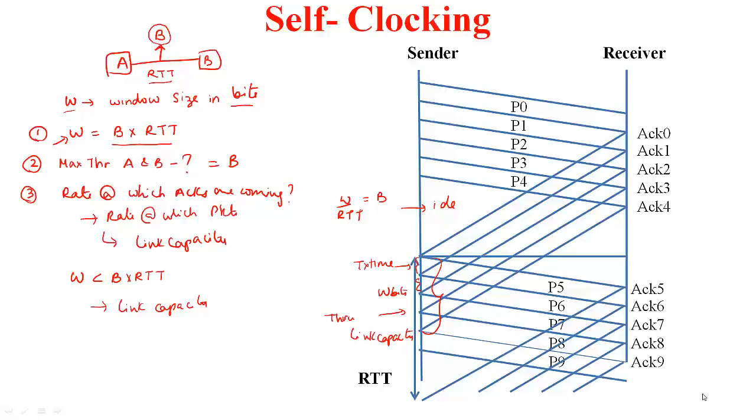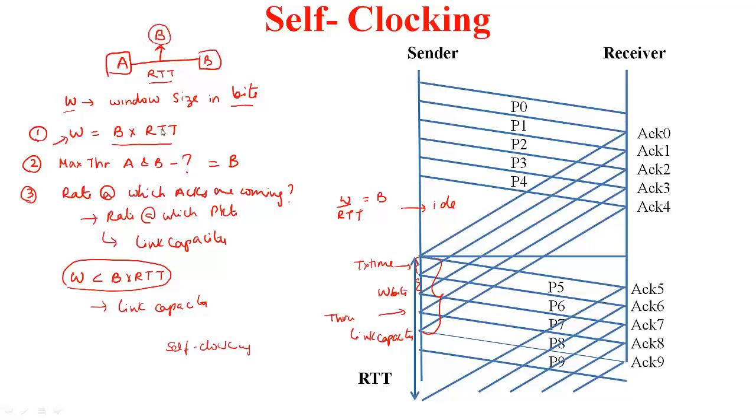I didn't do any estimation of what this link capacity is, because my W is in fact less than this, but still when I'm sending the data and getting the acknowledgements, I am achieving the link capacity. So these ACKs have this nice property called self-clocking, where depending on ACKs, if you send out data, you are in fact achieving the throughput that is entitled to you.